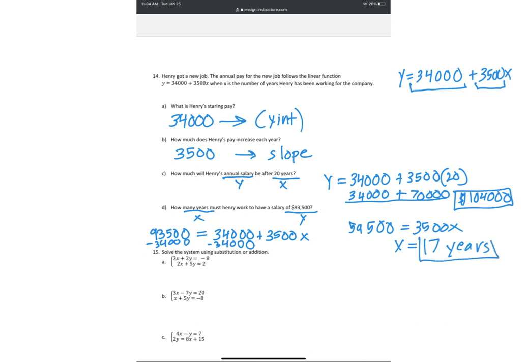So 17 years is how long it's going to take to get to a salary of $93,500. So this is a great application of linear. Now it's not always, when you find a job, you're not always going to increase at a linear amount, but it's a good way to get to see how the relationship would work.